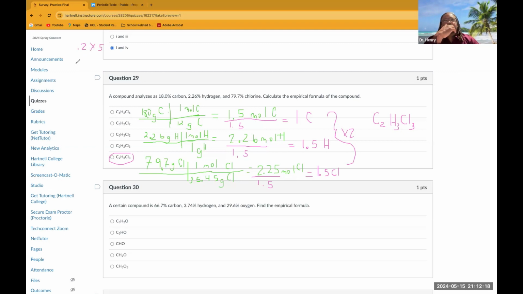If it ends with 0.25, what are you gonna multiply that by to make it a whole number? 4.